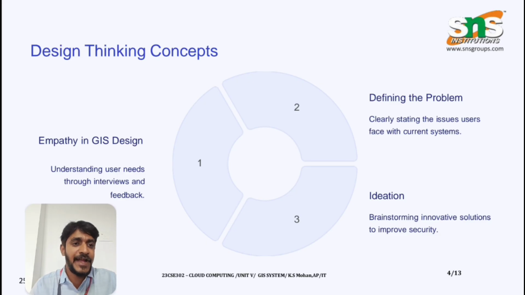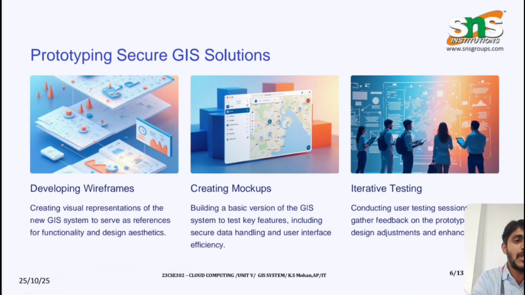The next step is ideation. Ideation is brainstorming innovative solutions to improve security. Then we have prototyping the secure GIS: developing wireframes and creating mockups.